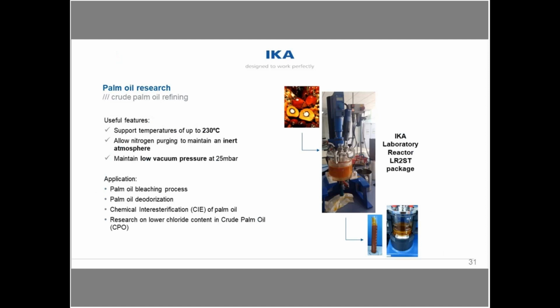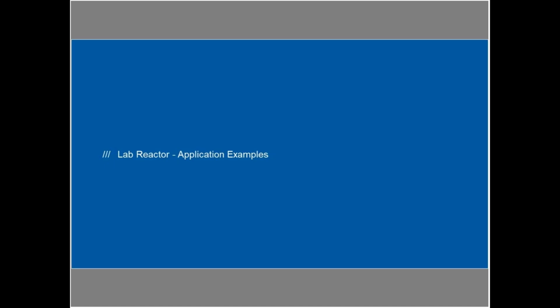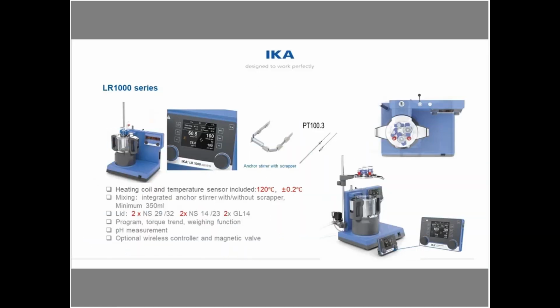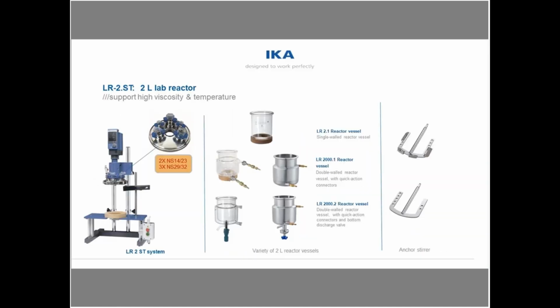So on our reactor, we have 5 connectors, right? We can use one of the connectors to let the gas in, and another connector to let the gas go out. So this way we can continuously push the gas in and out, which will not create pressure on the vessel, and also you can create the inert atmosphere in the reactor system.